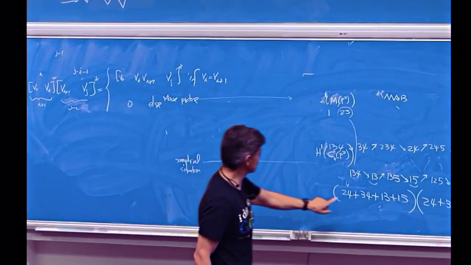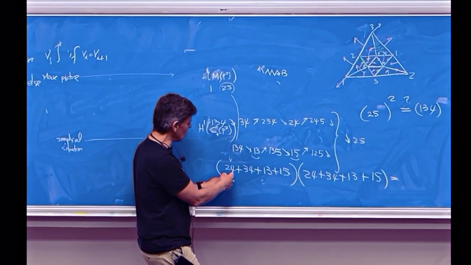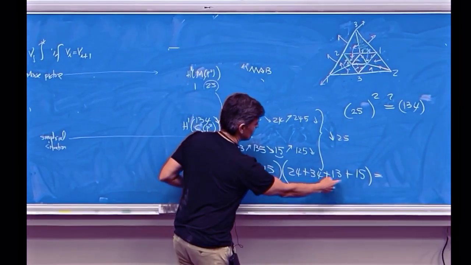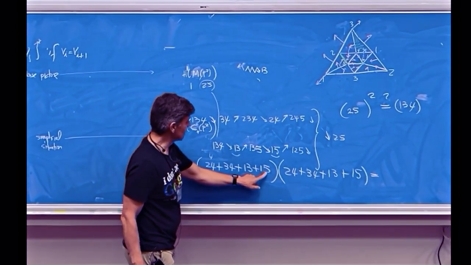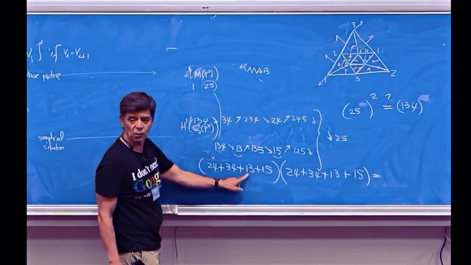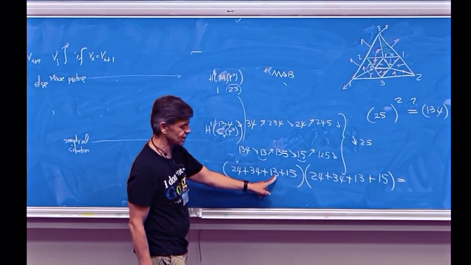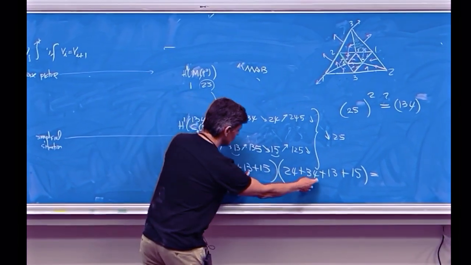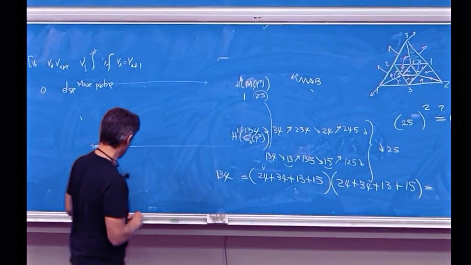For instance, this guy cannot multiply with anyone because it could only multiply with anything starting with a 4. There is nothing there. Same thing for this, because there is nothing here starting with a 5. The only possible way is this can multiply with anything that starts with a 3. And then you have 13 times 34. So the answer is, this is 134.